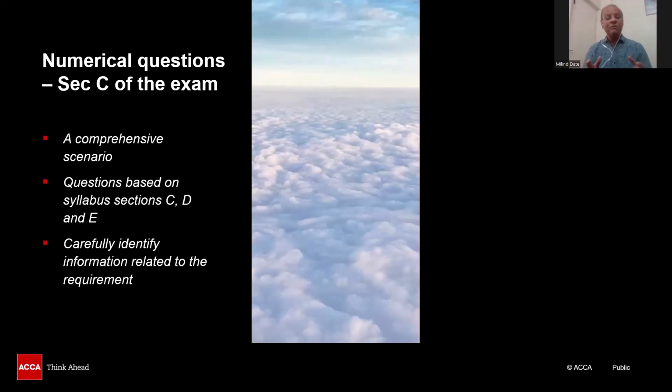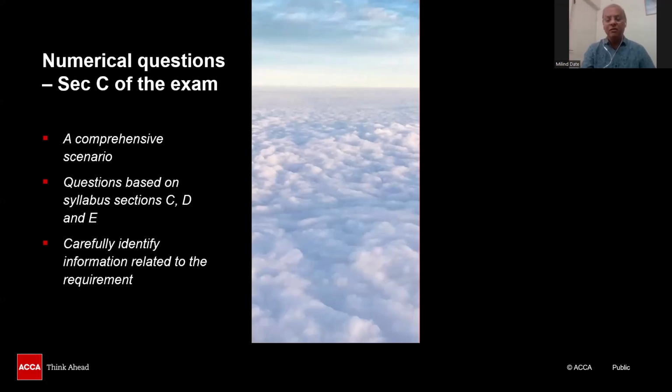Now, data for each of the requirement may be available in a scattered manner. Some bits from maybe opening para, some bits from the middle of the scenarios, something from the concluding para. Because we are tackling the numerical question part over here, needless to say that question C will ask you to make use of spreadsheet functionalities.